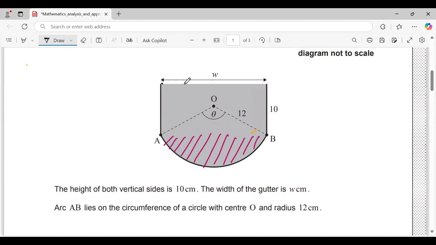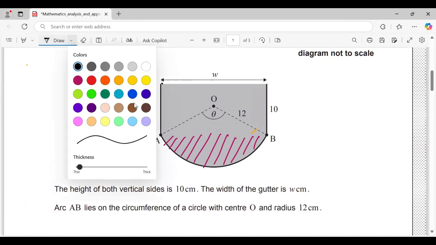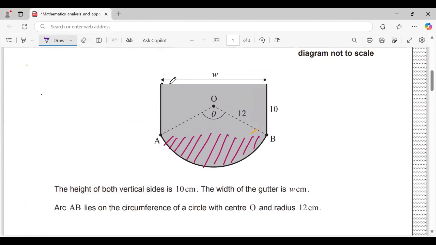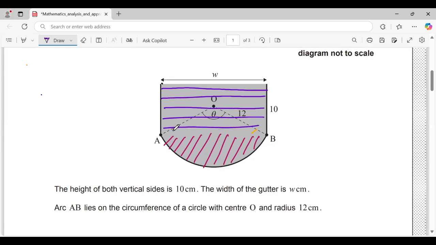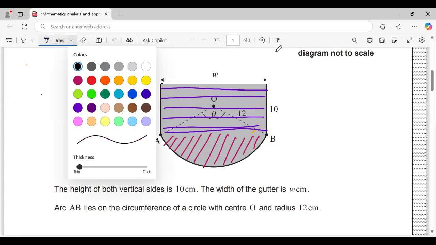I would like to use a different color for this one. Okay, this is the rectangle area. So the cross-section area is the rectangle area plus the segment area. That is the cross-section area.